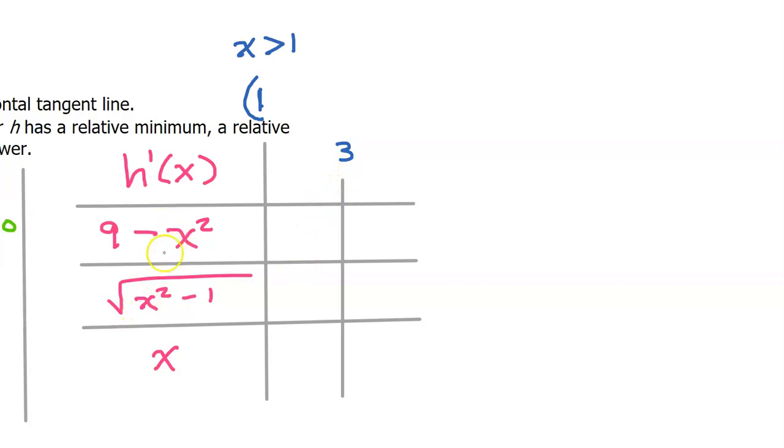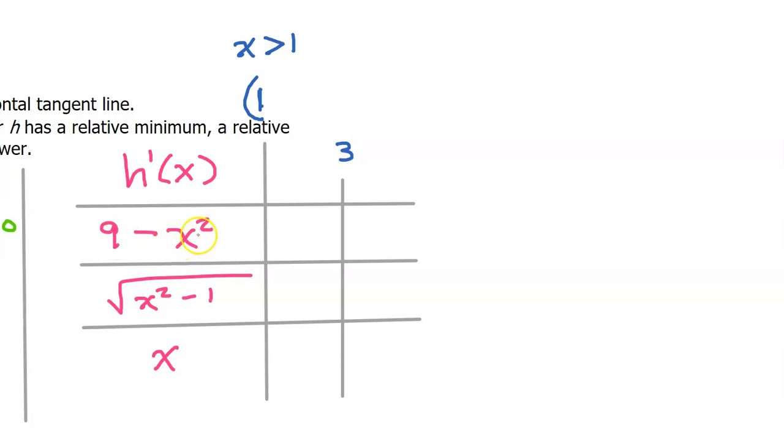So let's examine these factors and decide if they are positive or negative in each interval. In the first interval, we need a test value that is between 1 and 3. How about 2? Let's picture a test value of 2. So this first factor would be 9 minus 2 squared.